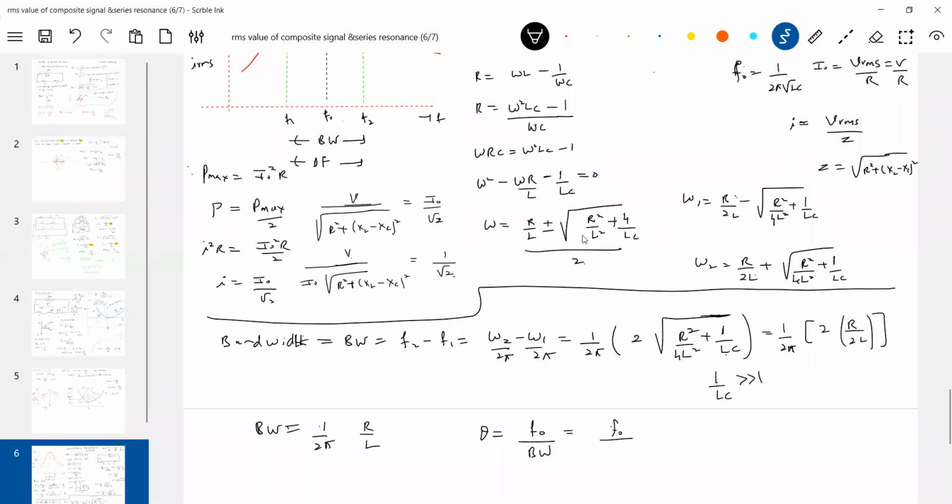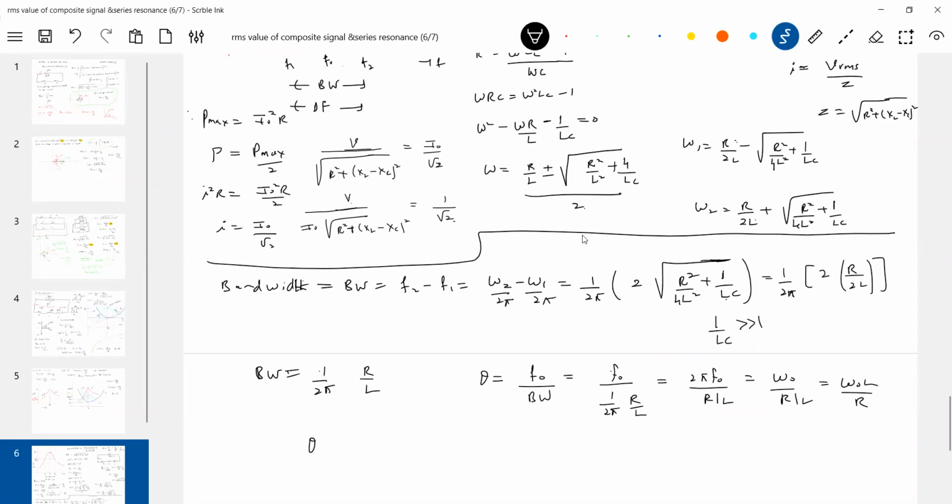So bandwidth is equal to how much? 1 by 2 pi R by L. So this will become 2 pi F naught L by R. So this will become omega naught L by R. This is the formula which we arrived at.